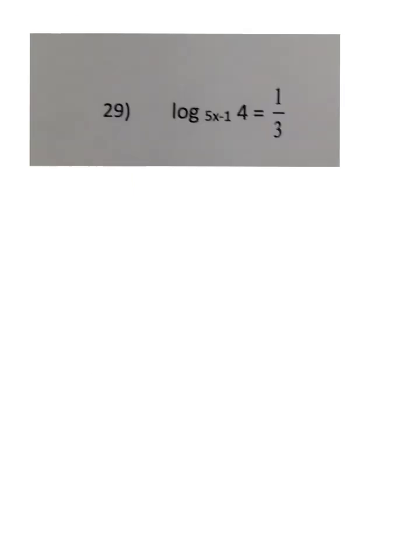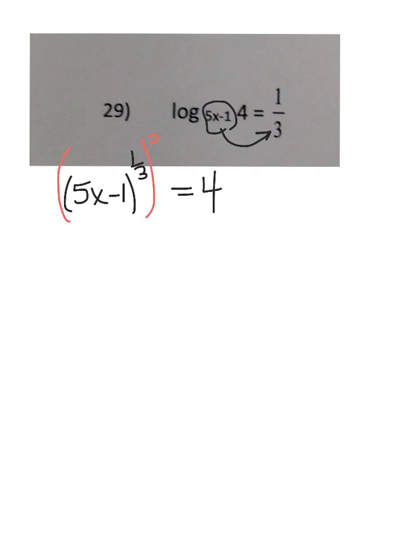All right, so 29. Circle the base, run the race. 5x minus 1. We're going to raise that to the 1/3 power, equals 4. Let's do the same thing that we did on number 28. I'm going to get rid of that 1/3 power by multiplying by its reciprocal, which is 3 over 1, or just 3. Okay?